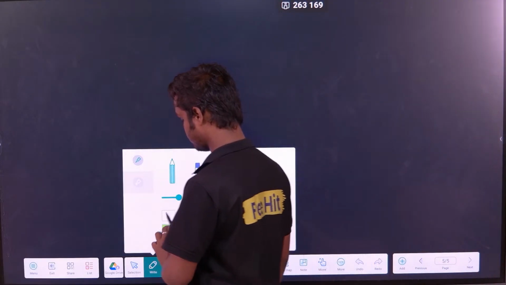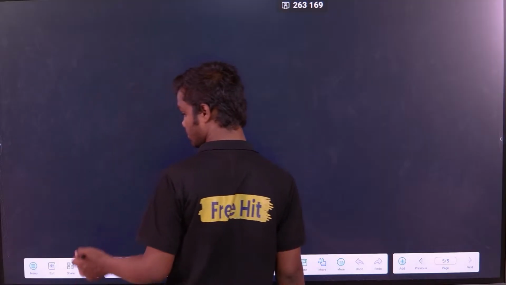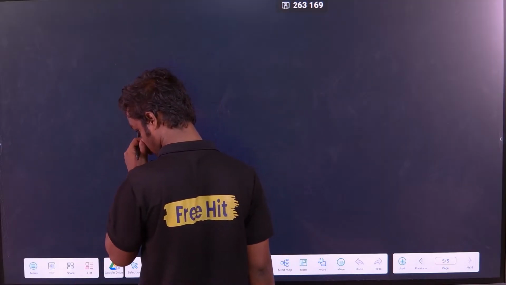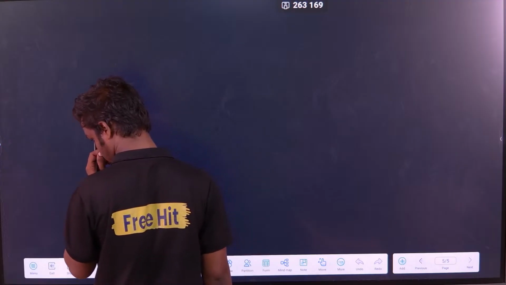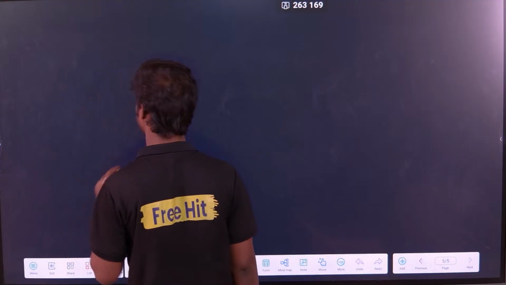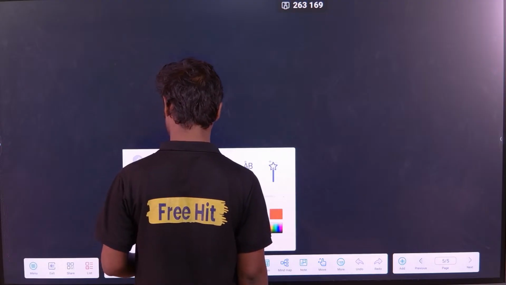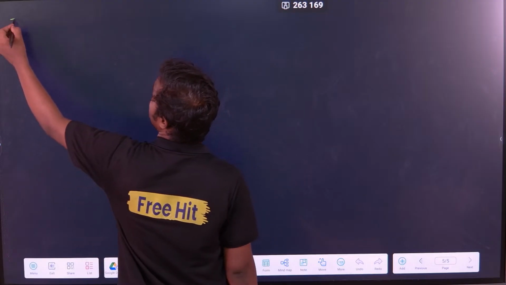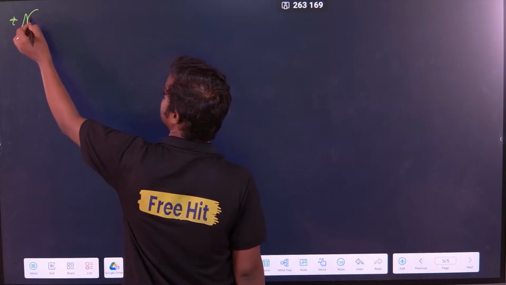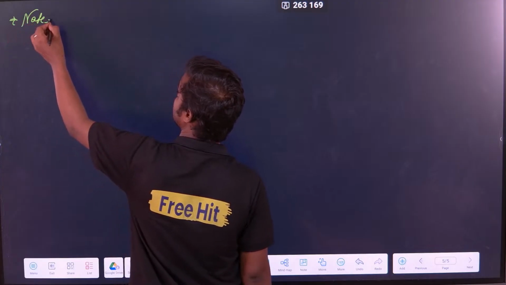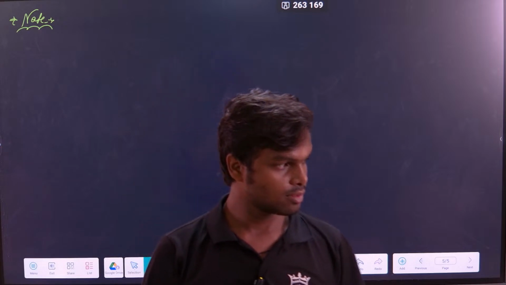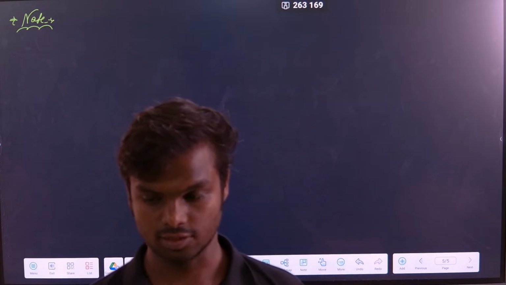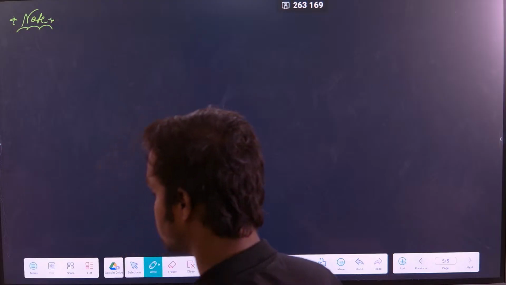Next point is a very important point, that is, motion in a straight line. That is very important, because these notes are very important for solving numericals. Suppose I am moving in a straight line like this. Now suppose I have to reverse my direction.